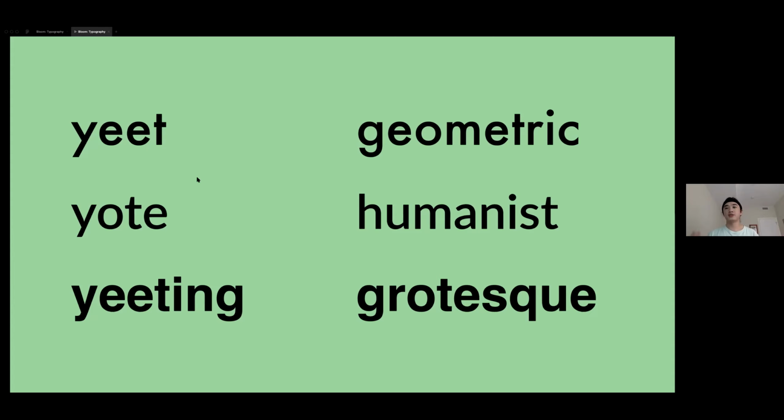It just looks larger in this particular example. If there's a spectrum, geometric is rigid, robotic, like a computer, and humanist fonts are very human, on the handwritten side. Grotesque fonts are somewhere in the middle.